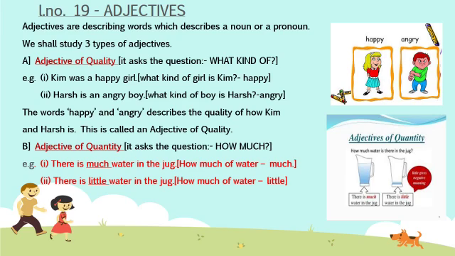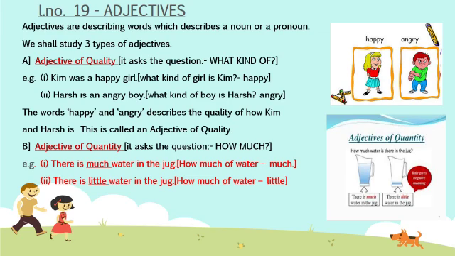The first is, there is much water. The second picture, there is little water. So it clearly describes the quantity that the container contains or holds. For example, much and little. Much is, the level of the water is quite high. It's full, almost full. But when you look at the second jug, there is only little water.